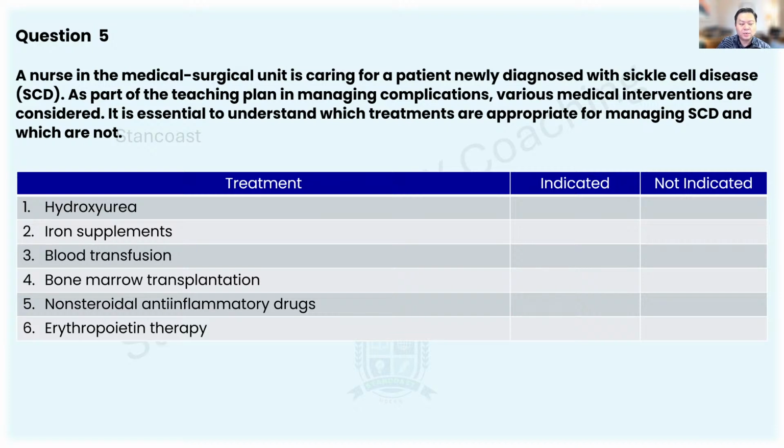We have our treatment items: 1 hydroxyurea, 2 iron supplements, 3 blood transfusion, 4 bone marrow transplantation, 5 non-steroidal anti-inflammatory drugs, and 6 erythropoietin therapy. So I want you to indicate if they are indicated, useful, appropriate, or not appropriate.